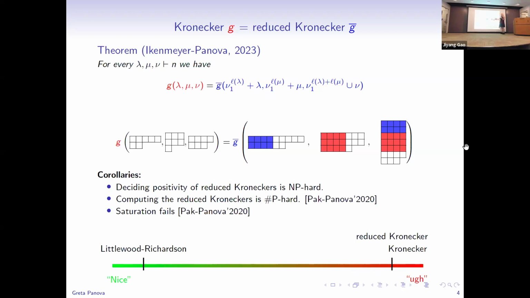There is color coding here: blue is reduced and red is the original Kronecker coefficient. So that settles that problem. It tells us that two open problems from the first page were the same, and they're on the wrong end of the spectrum, unfortunately. It also tells us that all the properties people were hoping for in the reduced Kronecker coefficients fail because they already failed for the Kronecker.